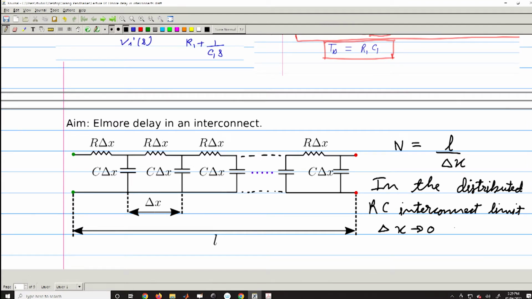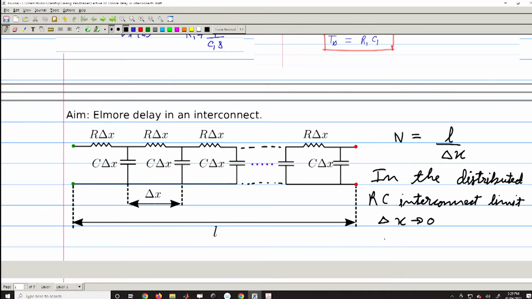So, obviously, when your delta x goes to 0, then your n goes to infinity. So, you have an infinite number of these very small segments, which you then aggregate to get your interconnect.